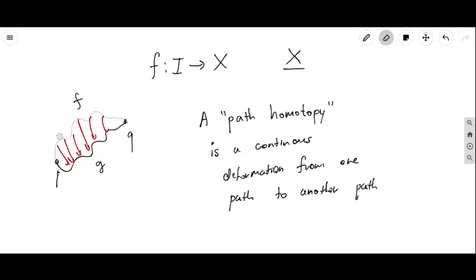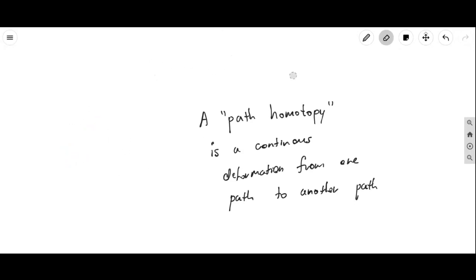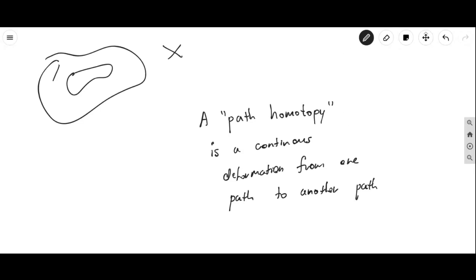And the idea is, you can continuously deform one path by bending it in some kind of way so that it resembles another path. Now, what you need to be careful about is if your space has some kind of hole in it. So let's draw this picture. Let's say this is your space X, and it has a hole in it.